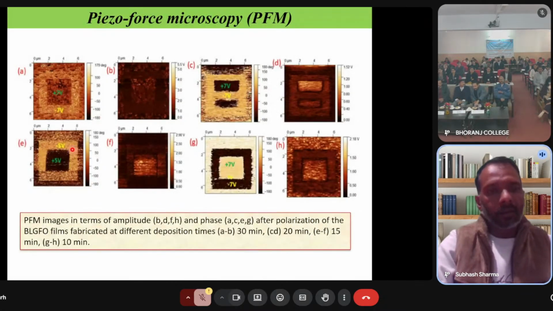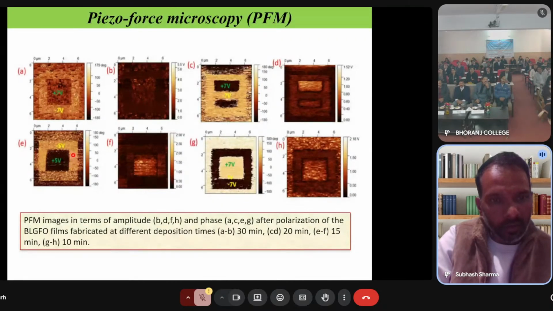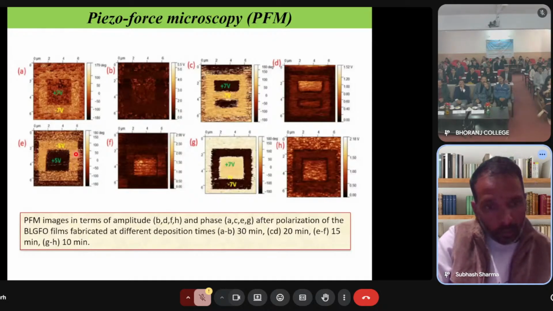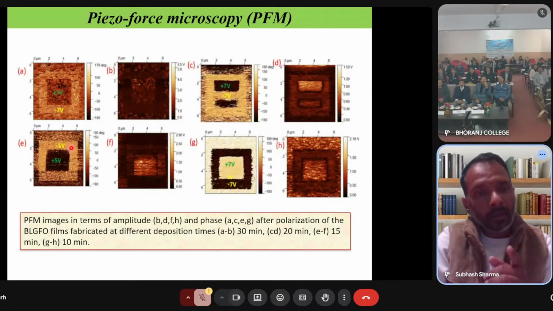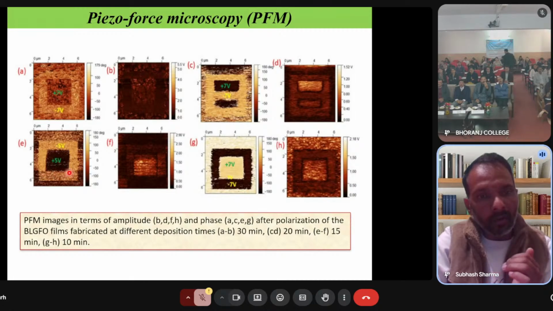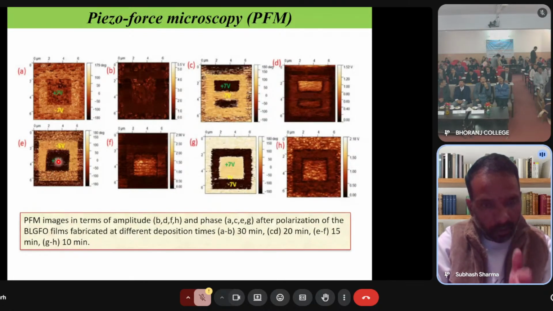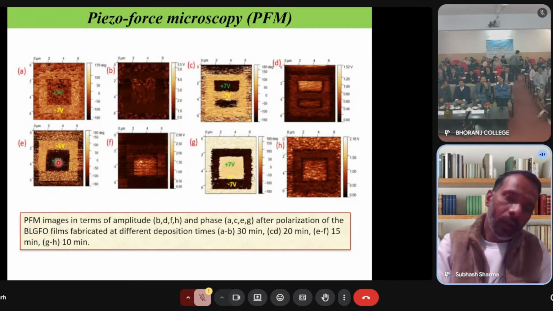And this is very interesting for new master students. If you see this, the bright region and the dark region, right? These regions define the direction of the dipole moment. So in this region the dipole moment is in one direction, and in this bright region it is in another direction. So in BFO, we have two kinds of dipole moment.